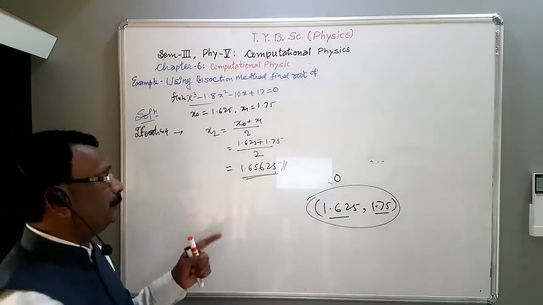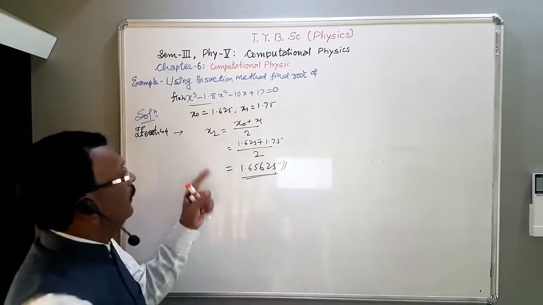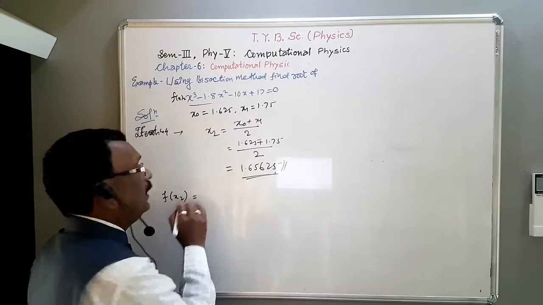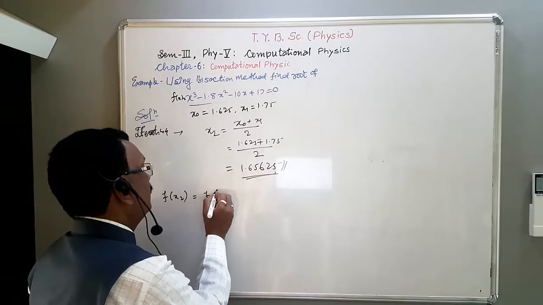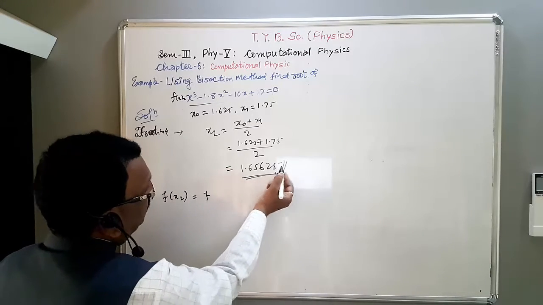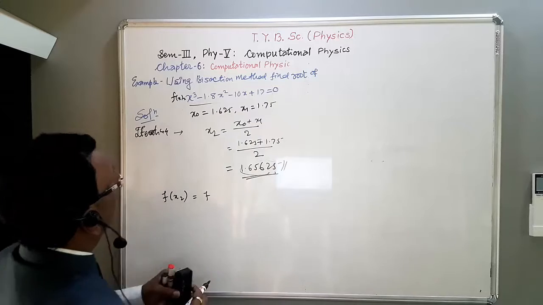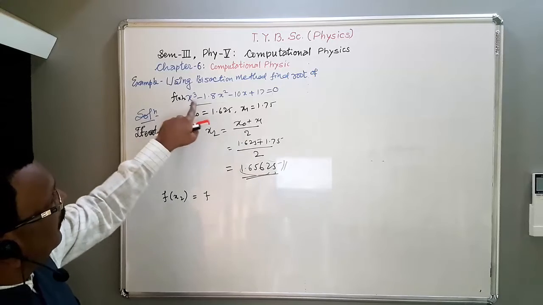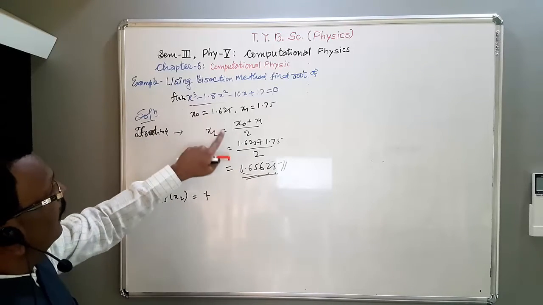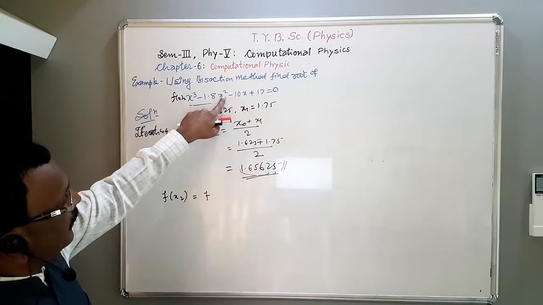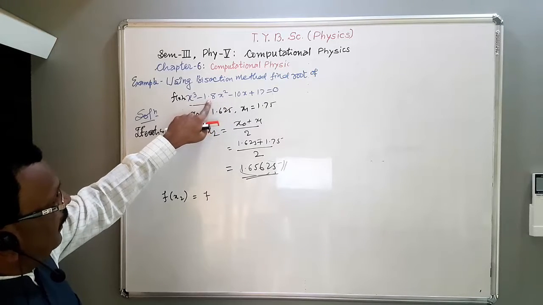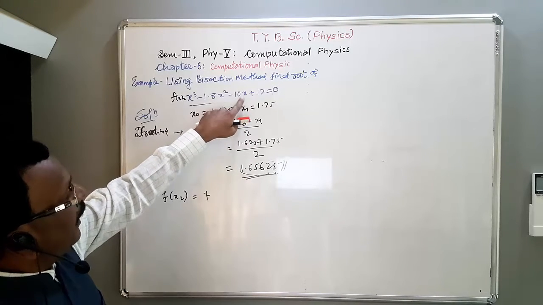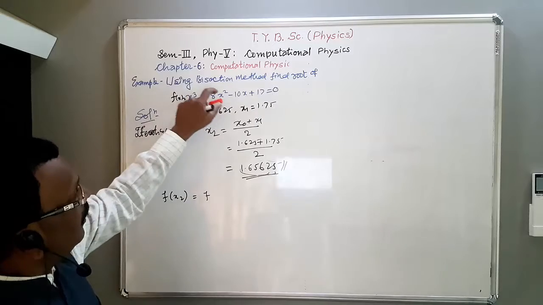Again we have to find f of x2. What is the value of f of x2? Simply we have to put this value of x, 1.65625, here, make the cube, then again substitute the value of x here, make the square, multiply it by 1.8, again substitute the value of x into 10 and plus 70 and solve this term.